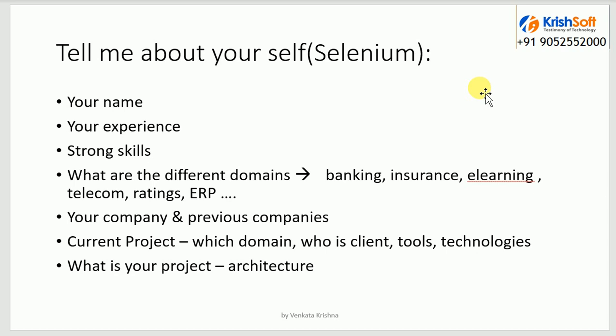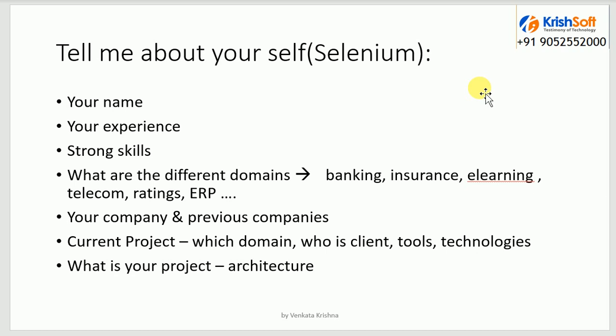The interviewer needs your experience. Next you need to talk about your current project. Tell about the architecture of your project, the different functionalities, the domain, the various tools and the technologies you use for automation.